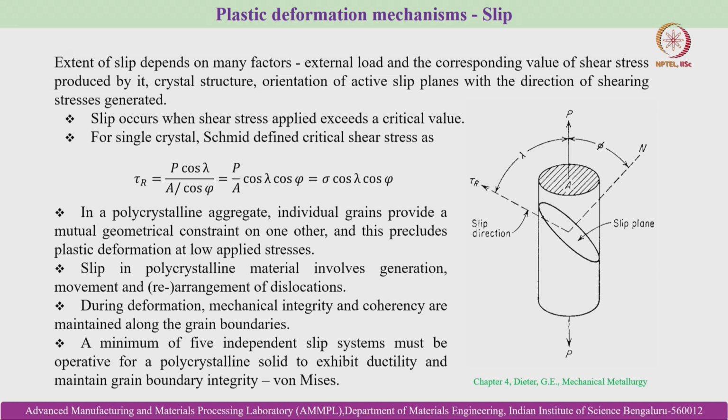For a single crystal, we define the critical shear stress as tau_r, which is equivalent to P cos alpha divided by A by cos xi. Then it becomes equal to P by A into cos lambda cos xi, which is equal to sigma cos lambda cos xi, where P by A is equal to sigma, the normal stress.